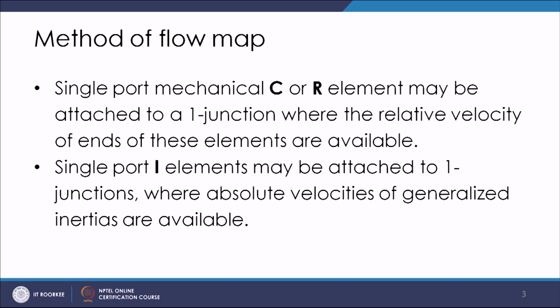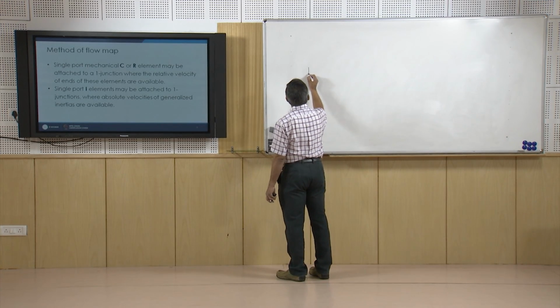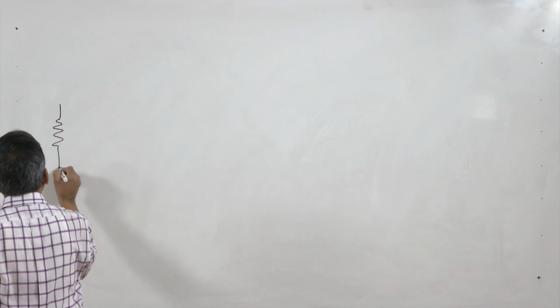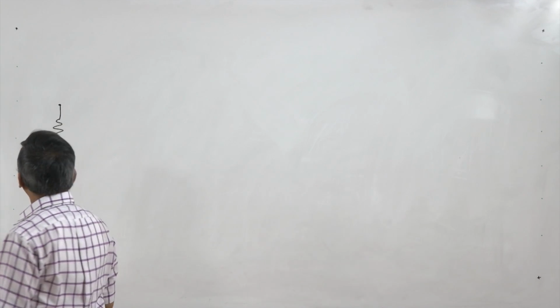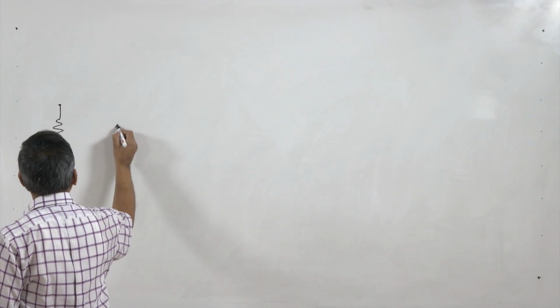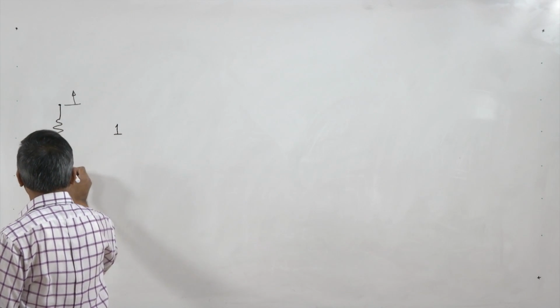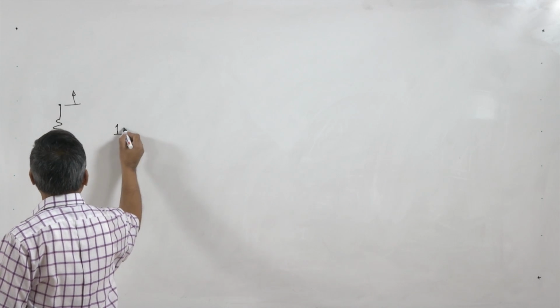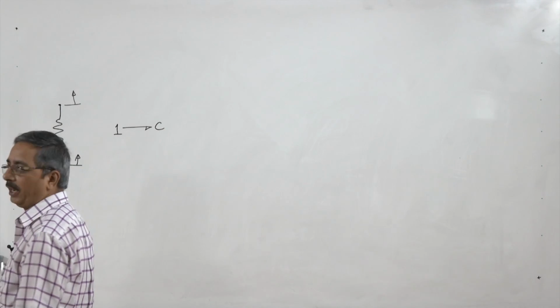For example, if I have a spring and these are the two ends of the spring, then I can make a one junction where the relative velocity between this end and this end is available, and there I can attach a C element.